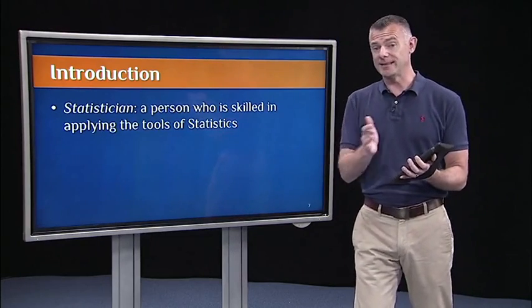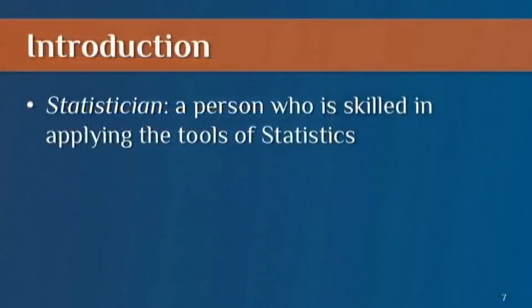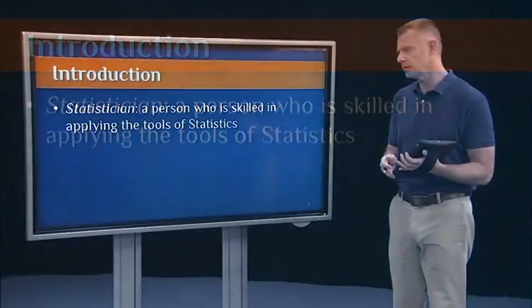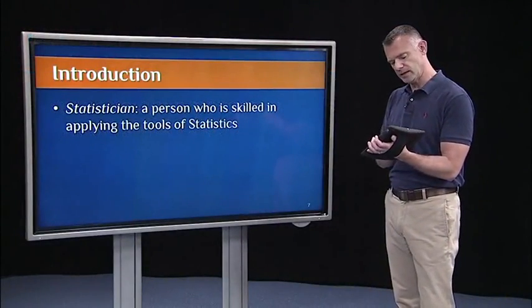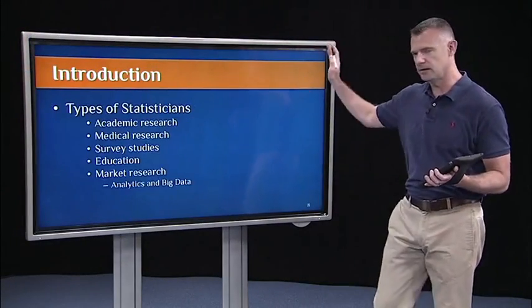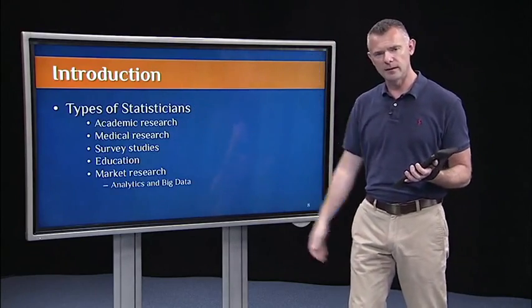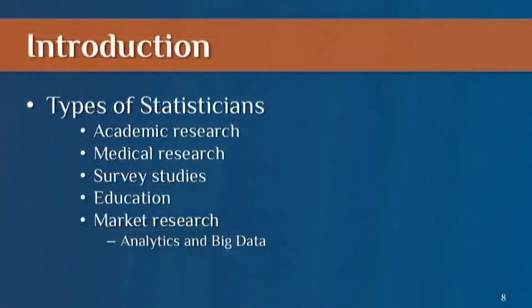To be clear, a statistician is a skilled person in applying the tools of statistics. There are lots of examples of that. This is not intended to be an exhaustive list of statisticians, just a sampling. There are lots of statisticians who do academic research. That's like what I do. I'm a professor at Princeton.